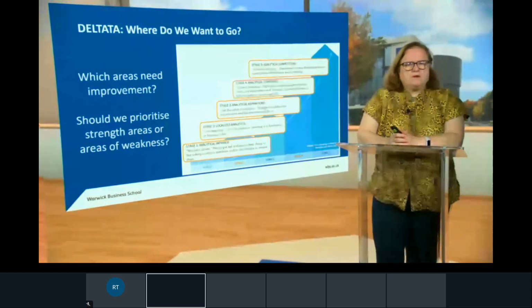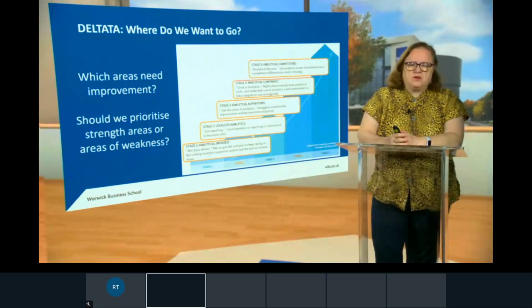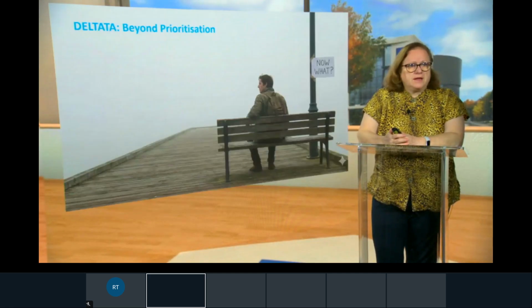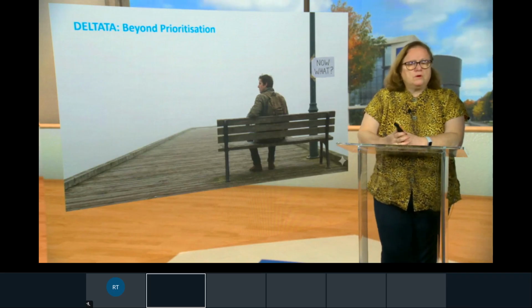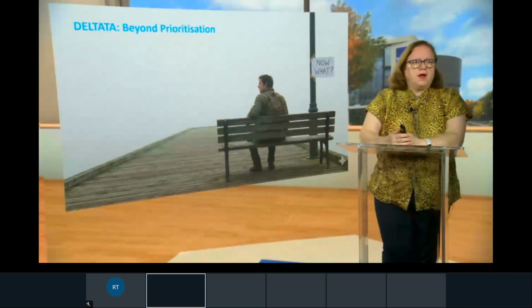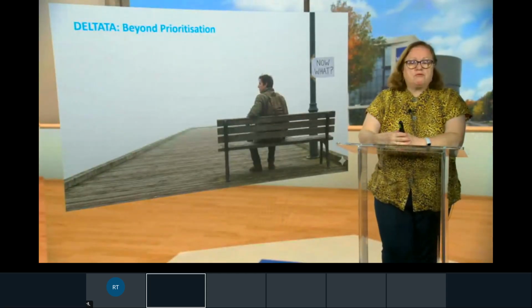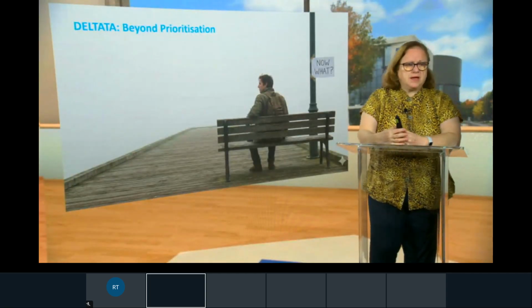So should you work on developing that thing that you gave a priority of 1 to, which perhaps is one of your weaknesses, or should you think about developing some of the other areas? That's something that we're going to return to as we go through this lecture today. So at this point, I'm going to hand you over to Michael, who's going to talk you through what you do beyond working out your priorities of the Delta Plus elements.